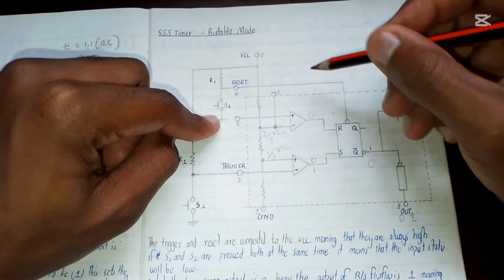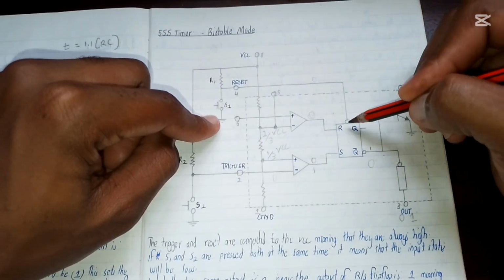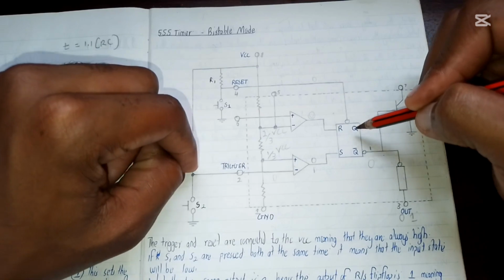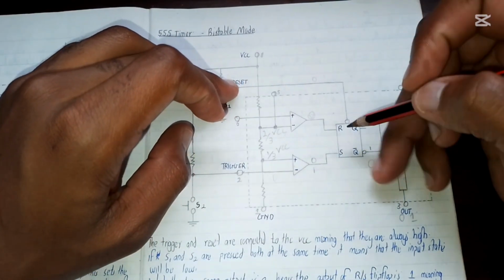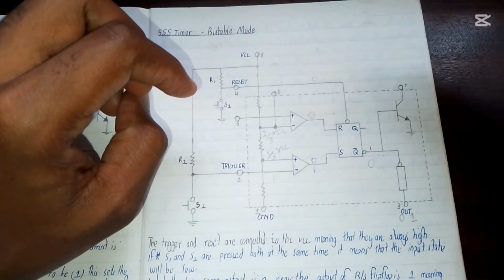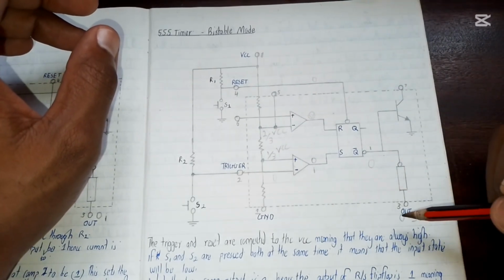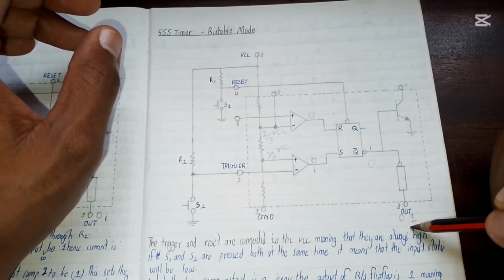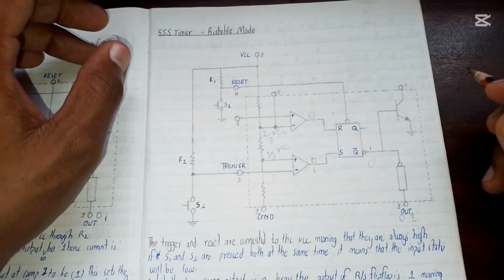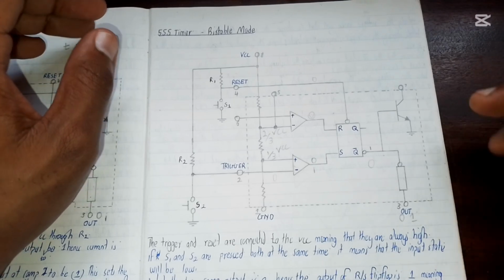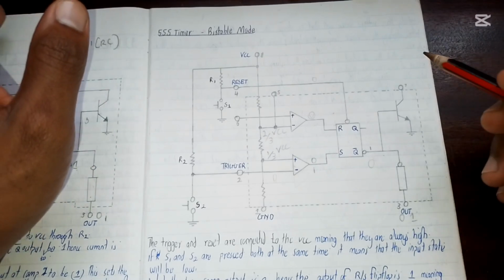That 0 comes inverted, becomes 1. That 1 clears everything that you had in your flip-flop and returns it back to its initial state, 0 0. That's what changes the output here to be 0. Yes. So that's basically how the bistable mode operates.